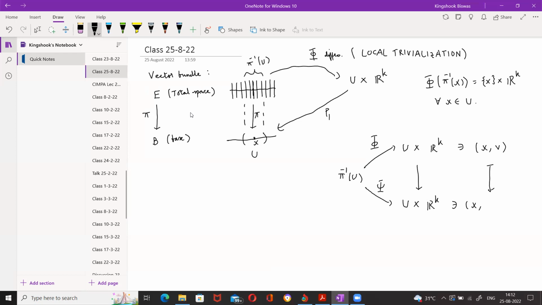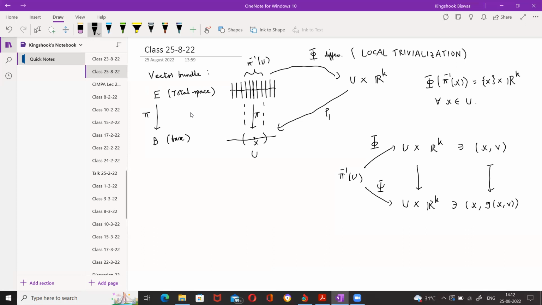So a priori, the second coordinate here, this vector, would be some function g of x comma v, right? This change of charts would be of this form.